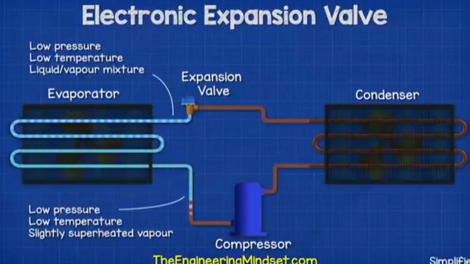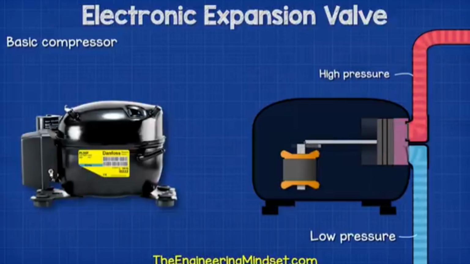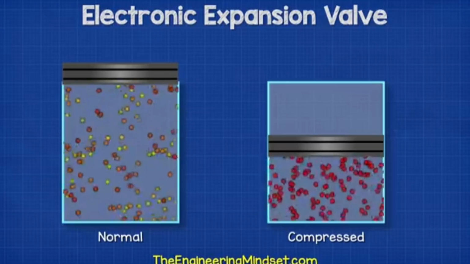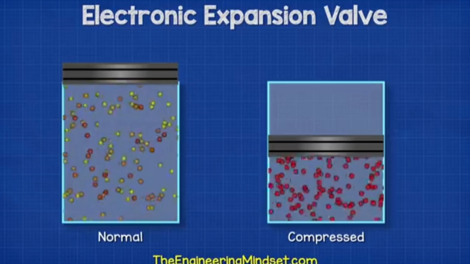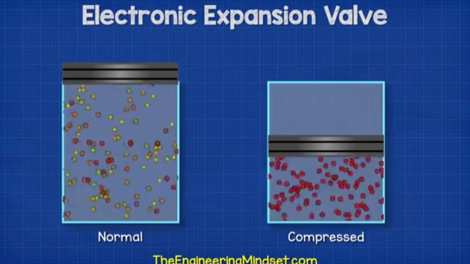The compressor sucks in the refrigerant, which is leaving the evaporator as a low pressure, low temperature, slightly superheated vapor. It then squeezes this together into a much smaller space, and so the pressure increases. All the heat which was picked up in the evaporator is now contained in a much smaller volume, so the temperature will increase.